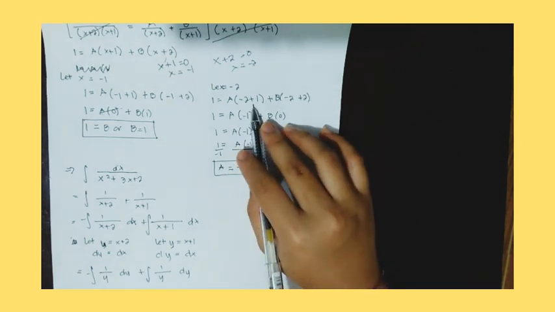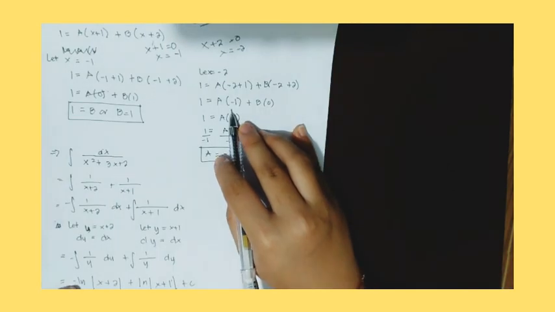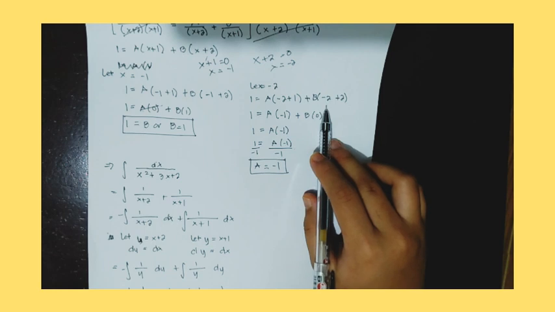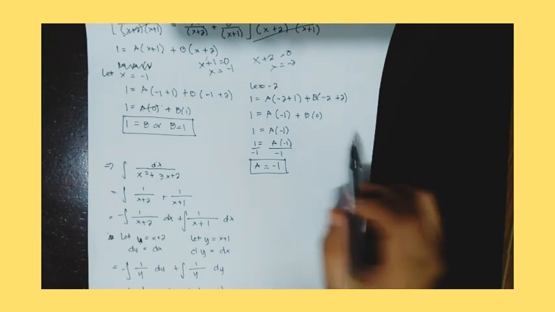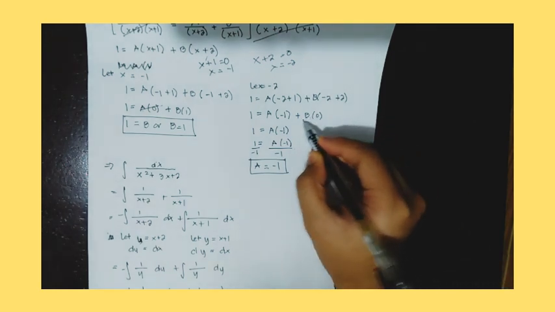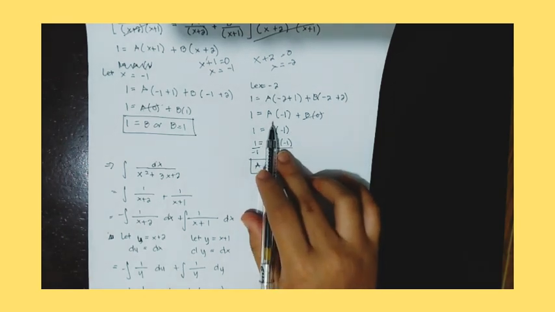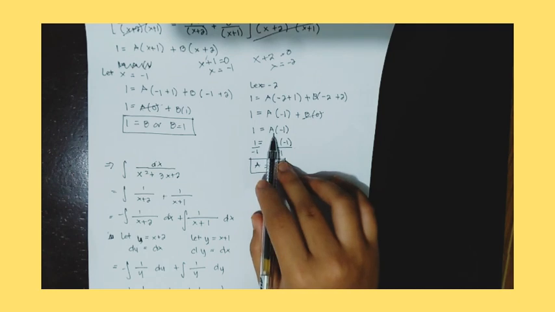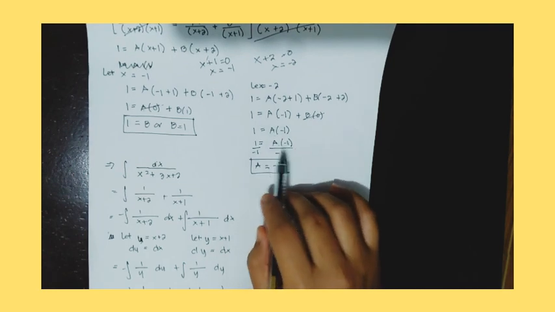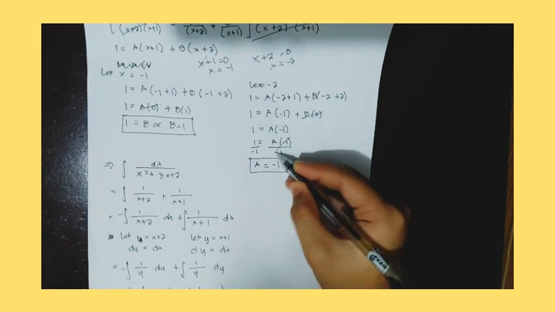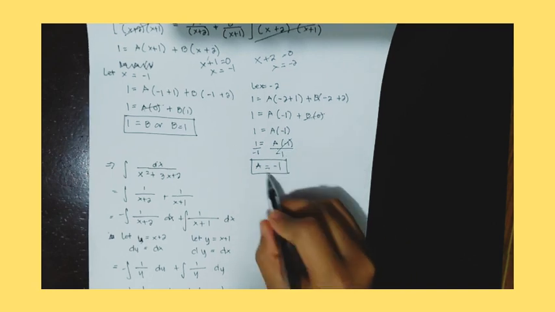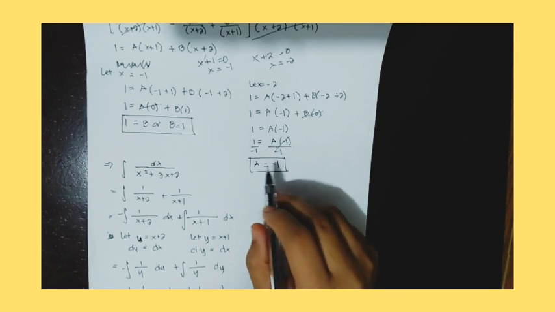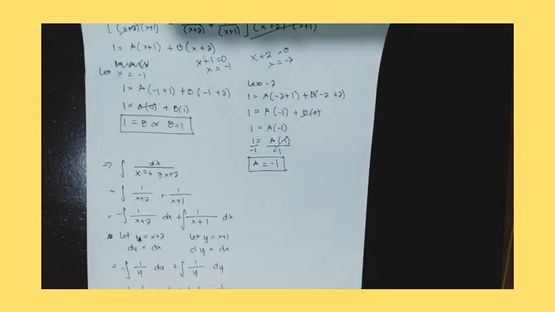Negative 2 plus 1 is equal to negative 1, and negative 2 plus 2 is equal to 0. We cancel the B term, so A times negative 1. To get the value of A, we divide by negative 1 to cancel it. Then A is equal to negative 1, because 1 divided by negative 1 is equal to negative 1.